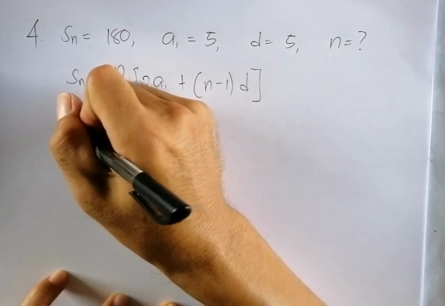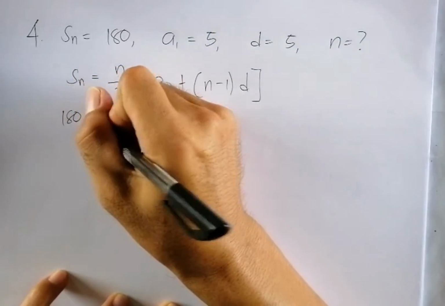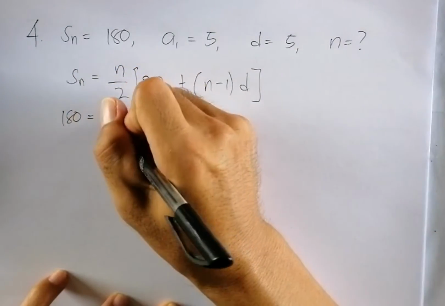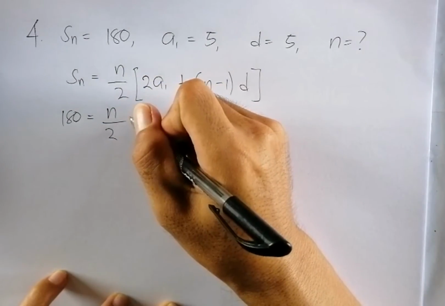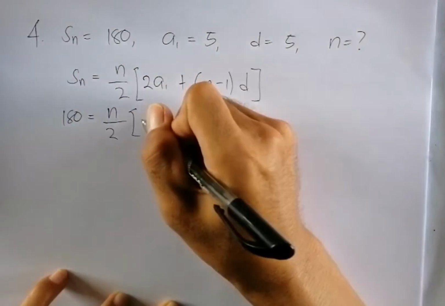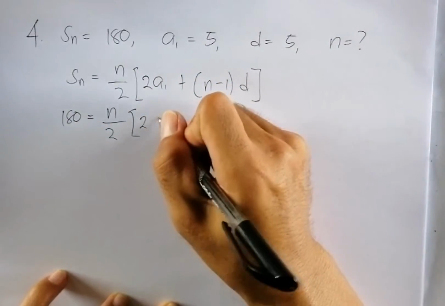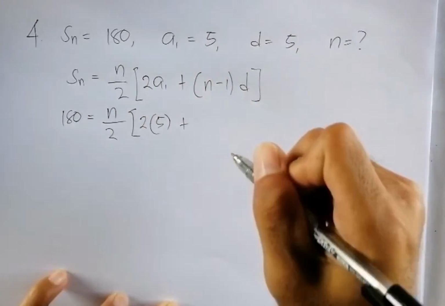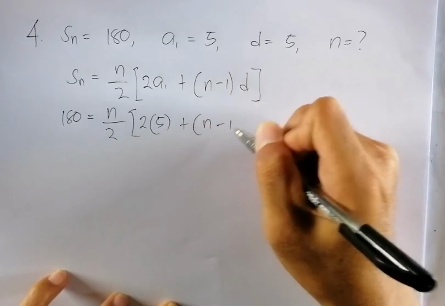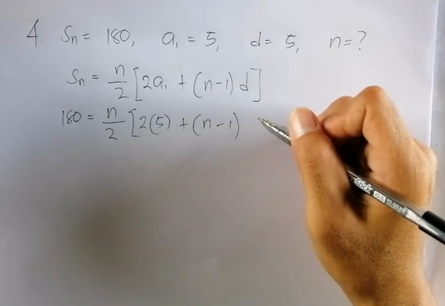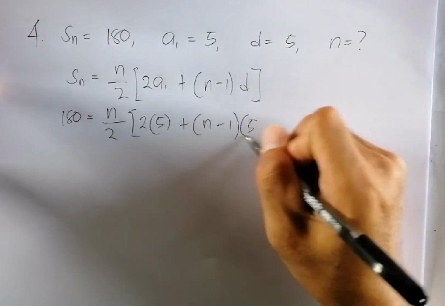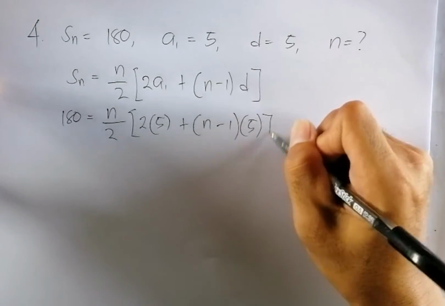Then substitute the value of our S sub n, which is 180, equals n over 2 times 2 times the value of the first term, which is 5, then common difference is 5, close bracket.